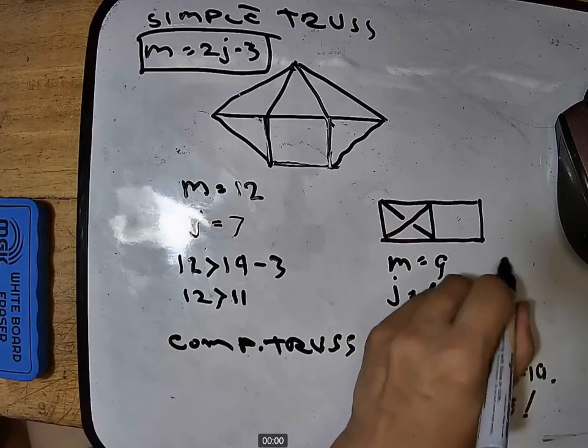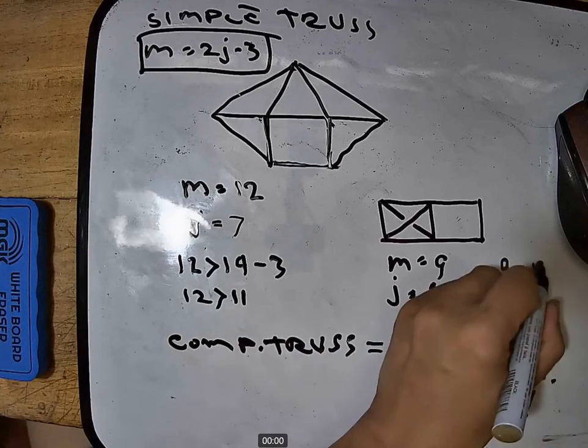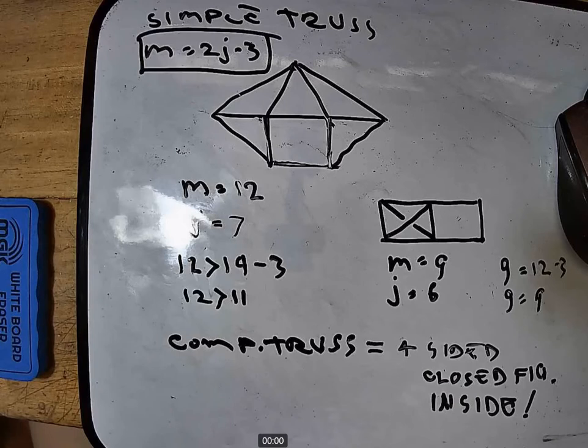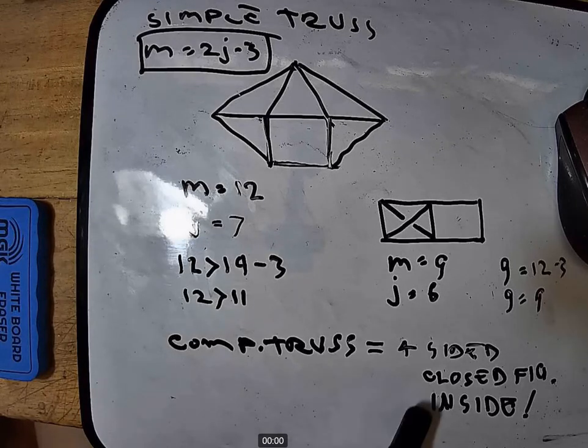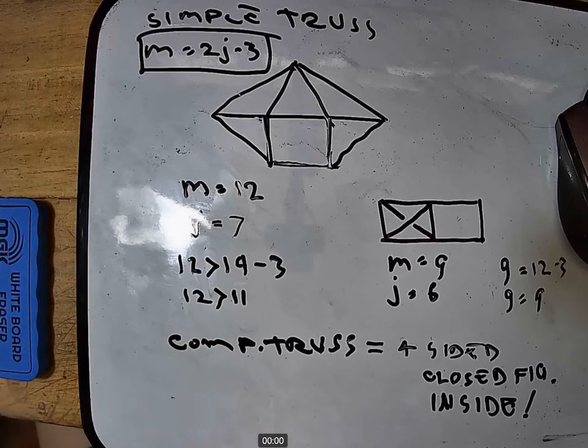So, 9 is equal to 12 minus 3. 9 is equal to 9. So, this is still a simple truss. This qualifies as a simple truss. Again, meron ng 4-sided closed figure sa loob. So, also qualifies as a compound truss.